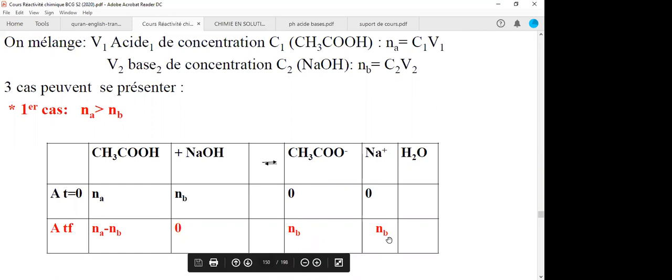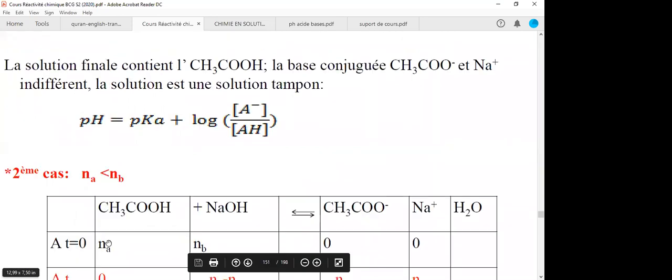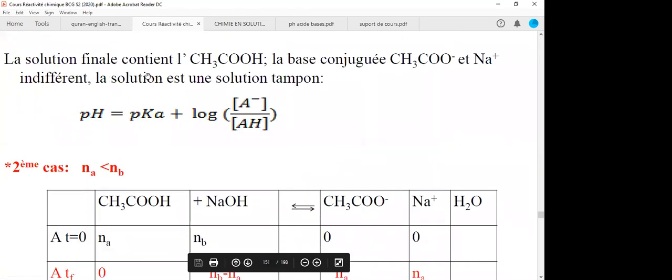Meaning that the final solution will have the conjugate base, it will have sodium, and it will also have the acid. Some of the acid will remain. So the final solution contains this acid, the conjugate base, and sodium. Sodium is indifferent.